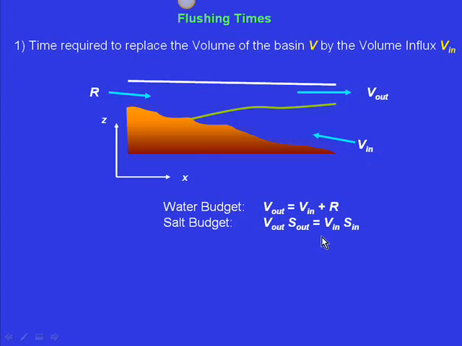So what do we need to know to solve these two equations with two unknowns? But what variables do we need to know? Salinity. That's right, the salinity of the water that's going out, and the salinity of the water that's coming in.